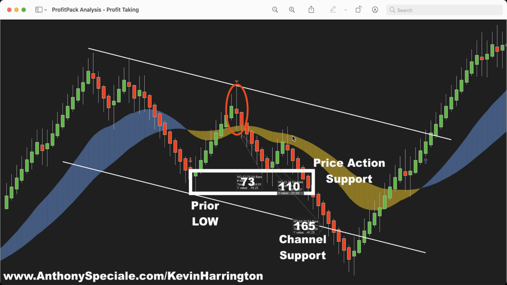Market corrects and then impulses into the prior low itself right here, which formed this channel structure and formed this price action support. You sell another portion of your trade upon testing that prior low, another 110 ticks. So you locked in 73 on your first portion of your trade. You locked in 110 ticks on the second portion of your trade. And where's the next support? Well, we have descending highs. We just draw a very simple channel line.